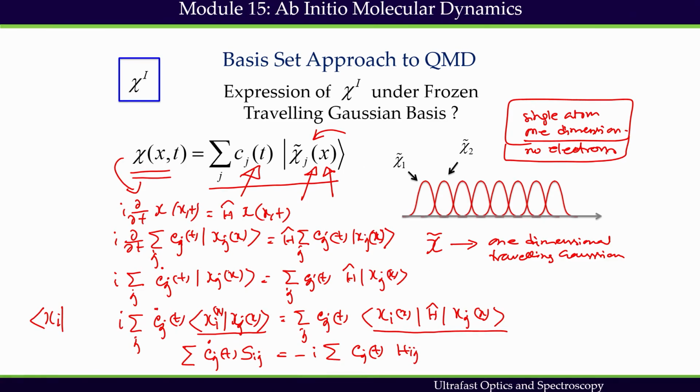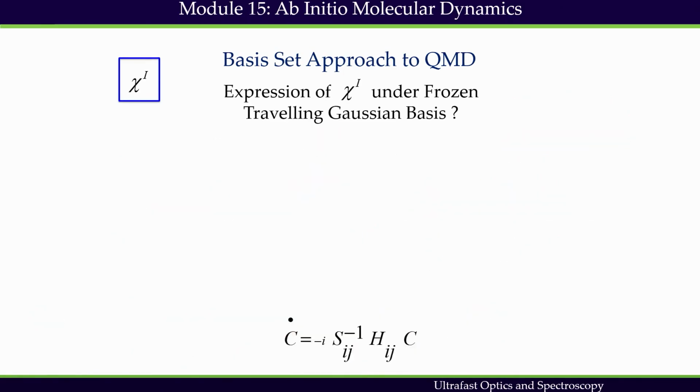Considering now three bases, I'll write down this expression one more time. We have written c_j(t), its first derivative, then S_ij, equals minus i times the sum over j of c_j(t) H_ij.